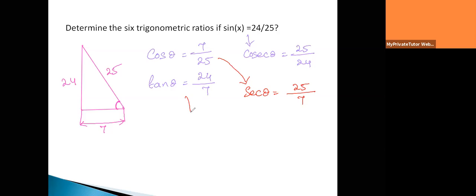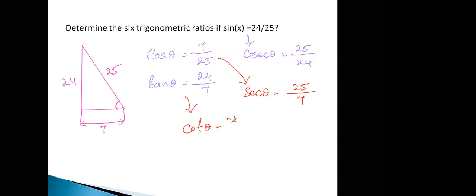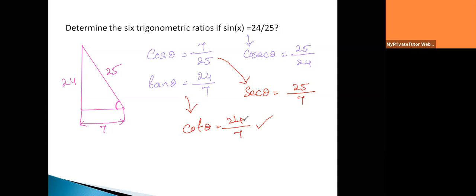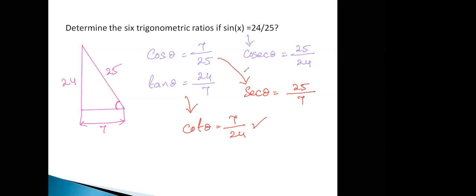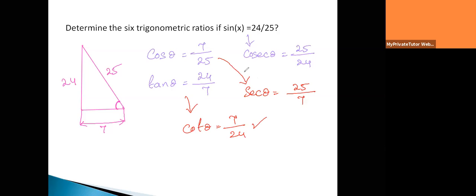So finally cotangent, which is cot theta, is the reciprocal of tan theta, which will be 7 over 24. Okay, guys, that's it. So if we know one ratio, we need to use the right angle triangle and the Pythagoras theorem to find the other side, and then find the remaining ratios like this.